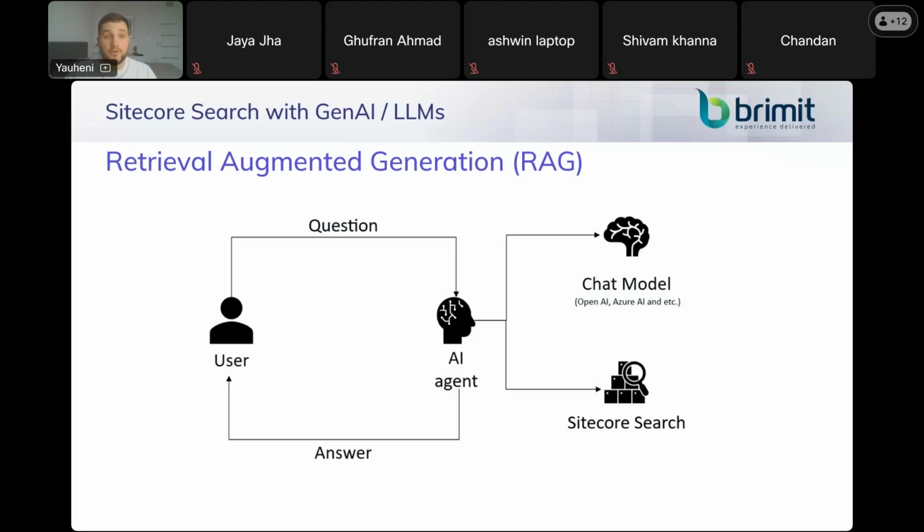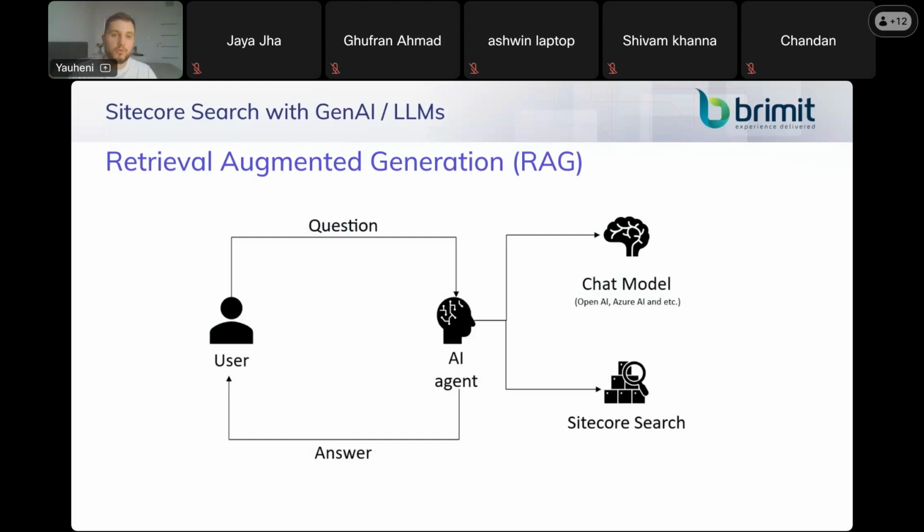After that, if a user asks about products, like please recommend some products from your website, or I want some perfume for the evening, the AI agent understands that and searches for the right products in Sitecore Search.